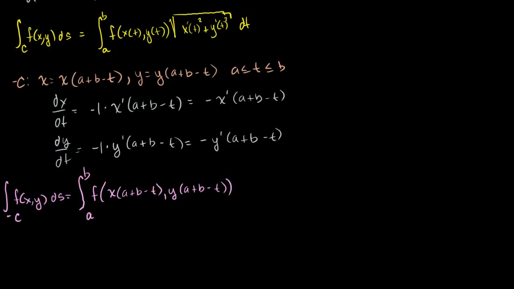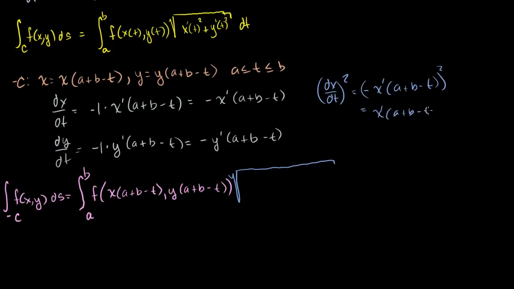And then times the square root of dx dt squared. What's dx dt squared? It's just this thing squared. If I have minus anything squared, that's the same thing as the anything squared, right? This is equal to minus x prime of a plus b minus t squared, which is the same thing as just x prime of a plus b minus t squared. You lose that minus information when you square it.